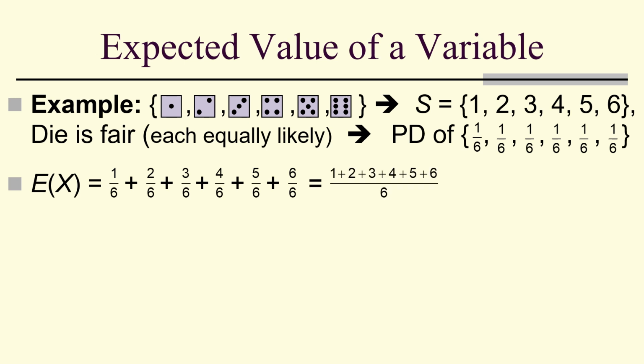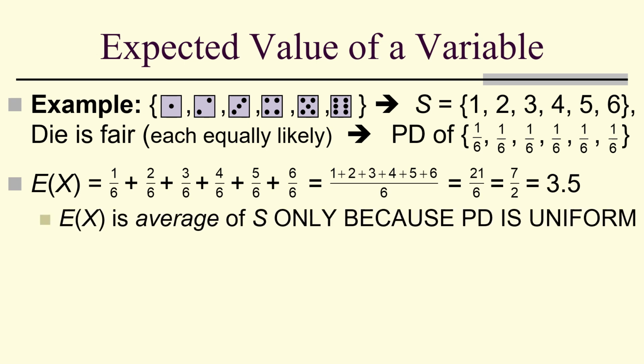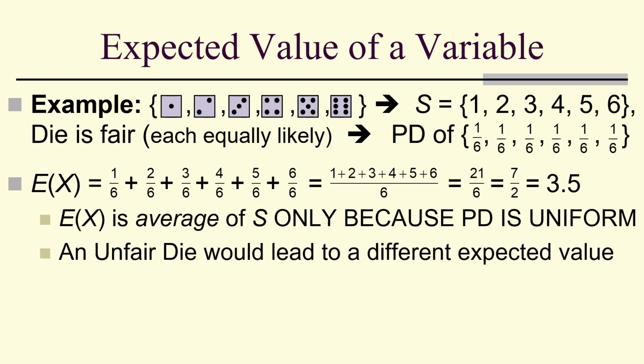This sum is 21 over 6, and that's 7/2, or 3.5. Now this was the average of the sample space, but only because the probability distribution is uniform. An unfair die would lead to a different expected value.